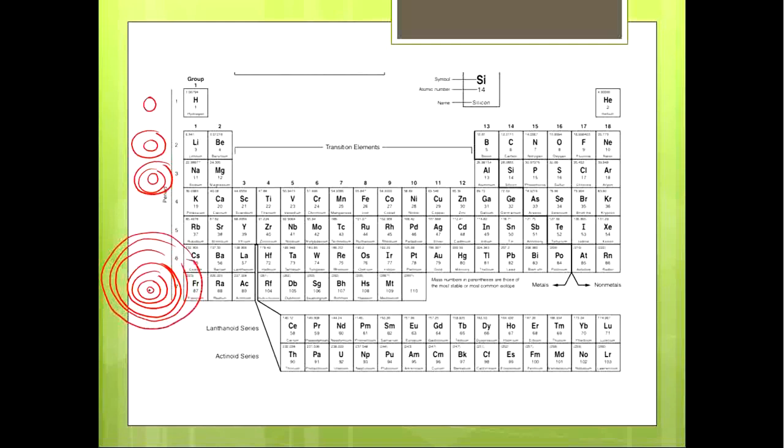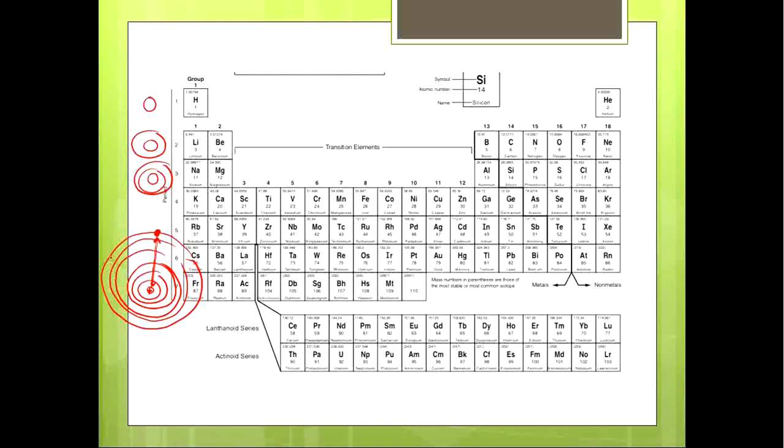There are lots of shields between the valence electron and the nucleus, shielding that attraction right here. So the more energy levels there are, the more shielding there is.